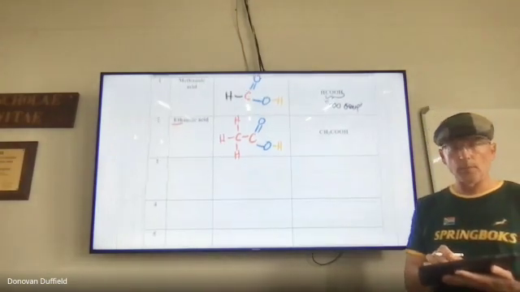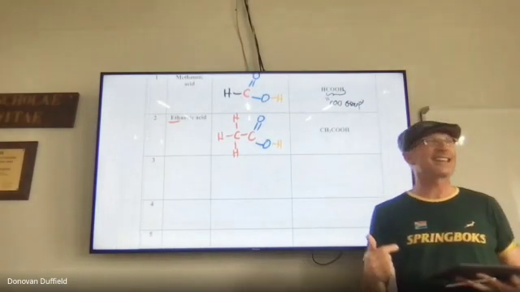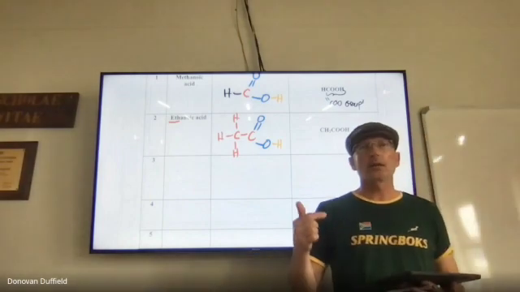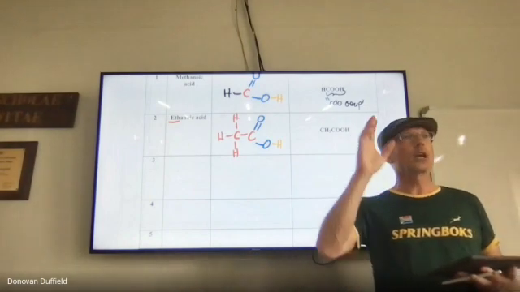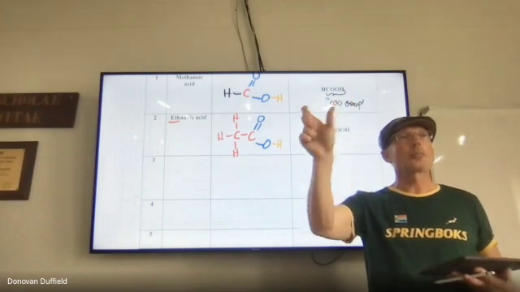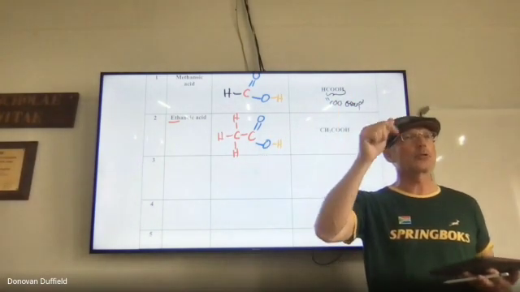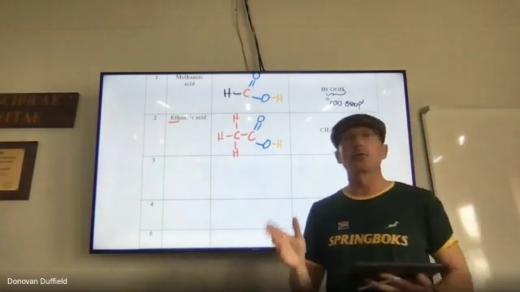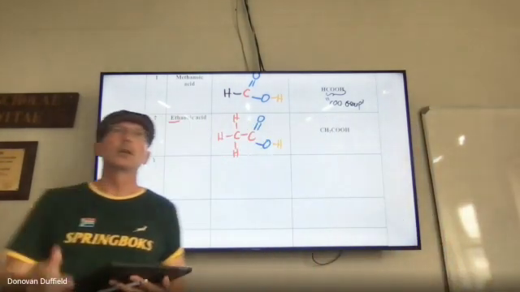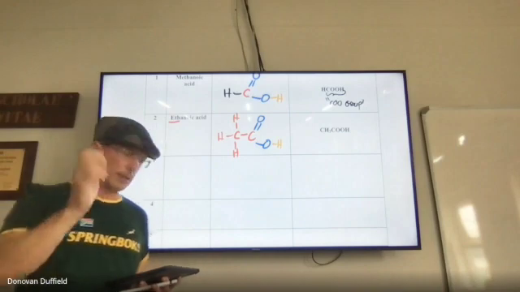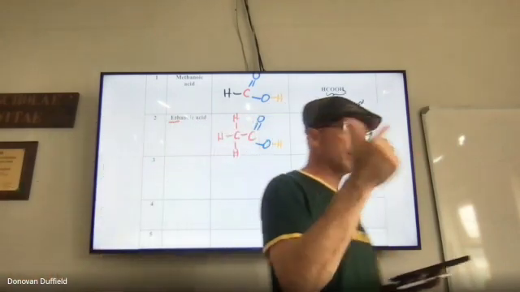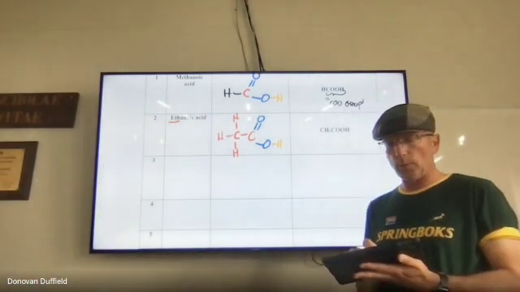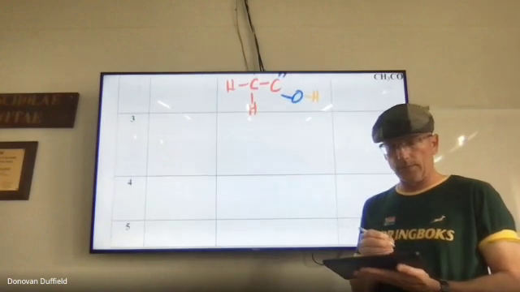Now remember we've spoken about a homologous series. Can you recall what you add to every compound in a homologous series? You start with meth, then eth, then prop. What amount of carbons and hydrogens do you add? CH2. So the next one is propanoic acid.